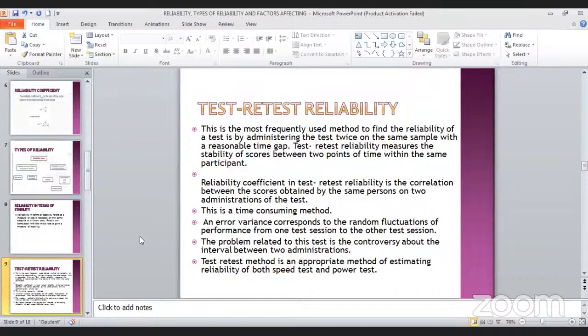Hello? Hello, Anindita. Can you tell me what is the test-retest reliability in medical research? Sir, I didn't understand your question. Can you repeat again? How doctors and nurses apply the test-retest reliability in patient care?